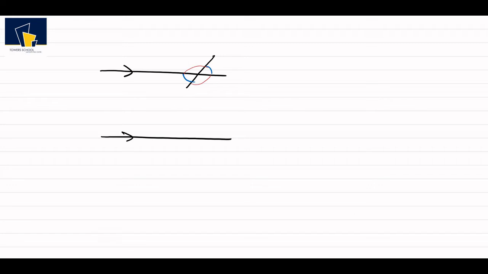Now, if we were to imagine that I continued this line on as a straight line all the way through, all it means is that these angles that appear here are also going to be the same ones as they're down here. So these two and these two are going to be the same, and those two and those two are going to be the same as well.